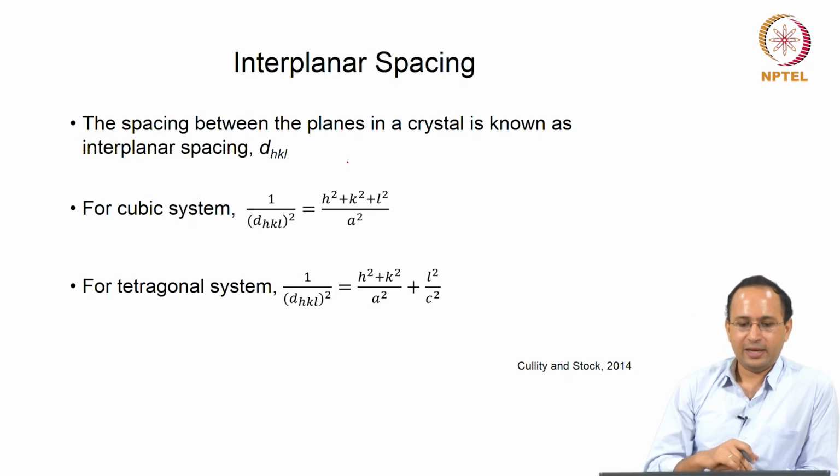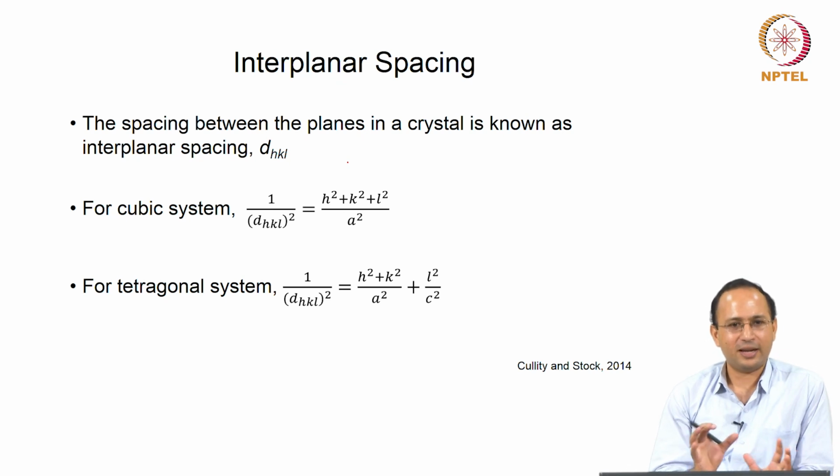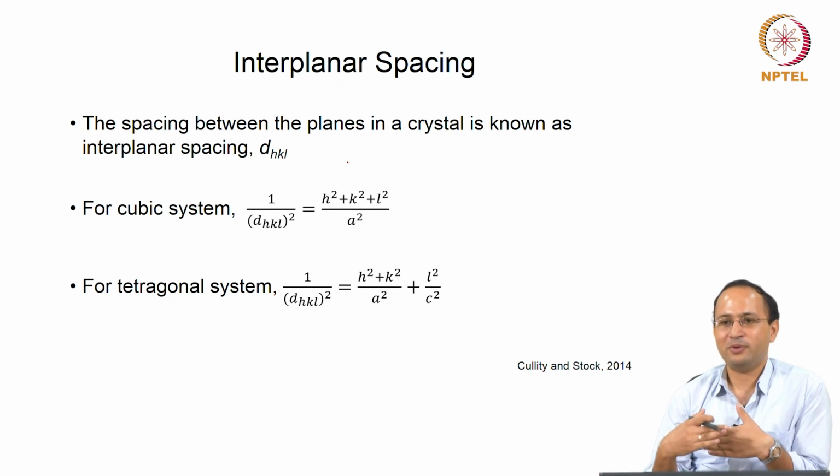Quickly, over interplanar spacing, we will talk about these concepts. These are different things related to crystallography which we will use, that is why we are going over them. Interplanar spacing is the spacing between the planes.